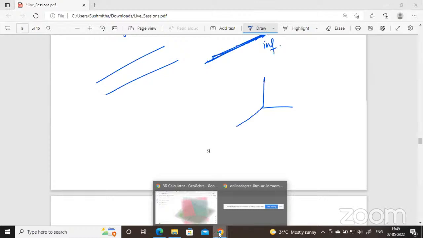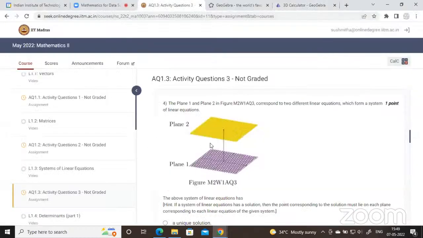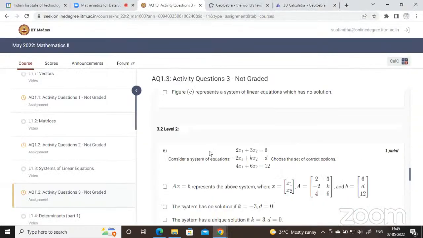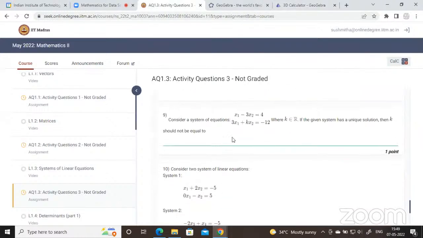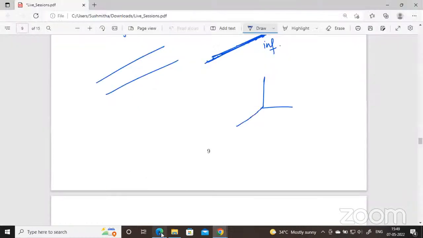Ma'am, I have a question. If there are 3 equations but 2 variables, and 2 equations are exactly the same, I mean, they're multiples of each other, that means they'll be overlapping and intersecting the 3rd line.